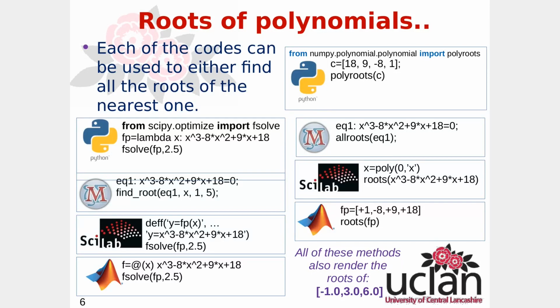All roots is available also in Maxima, and if it cannot find those algebraically, it will resort to a Newton-Raphson solver. This is x cubed, minus 8, just simply write the equation in and then ask for the roots. Maxima, very, very simple. Poly 0 of x, to say that x is a polynomial variable, then just ask for the roots of the particular polynomial verbatim.